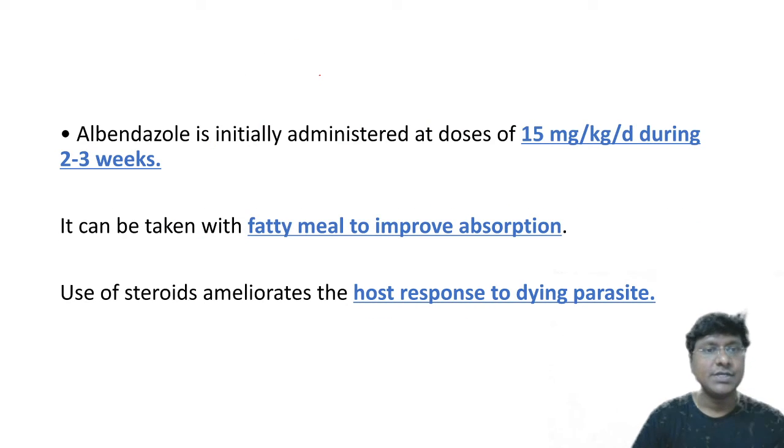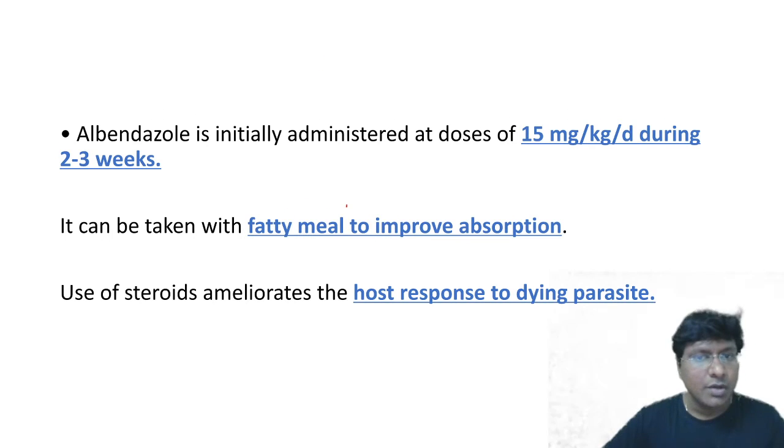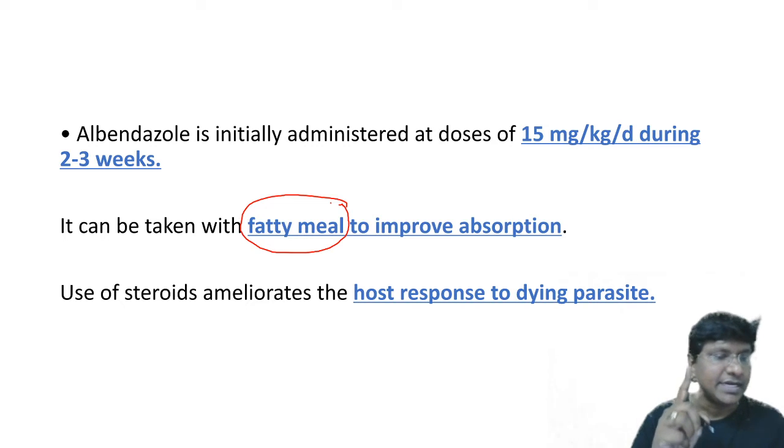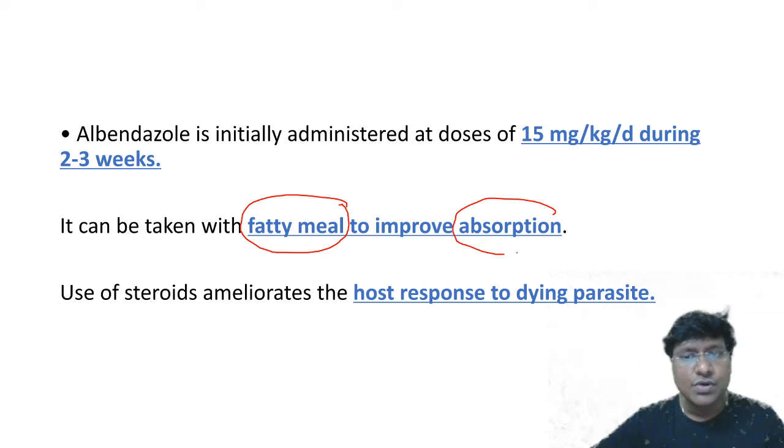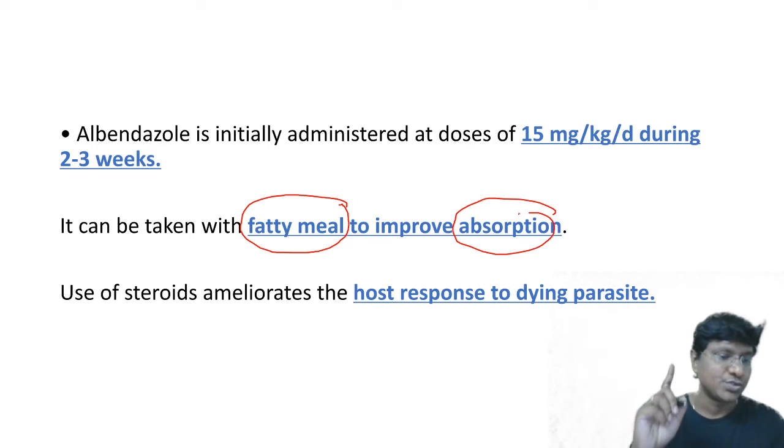I'll explain this. Whenever you are giving albendazole, remember it should always be taken with a fatty meal. This is a very, very important advice that you need to give to the parent. Why? Because a fatty meal will improve the absorption of albendazole, and that is the purpose of giving albendazole along with a fatty meal.